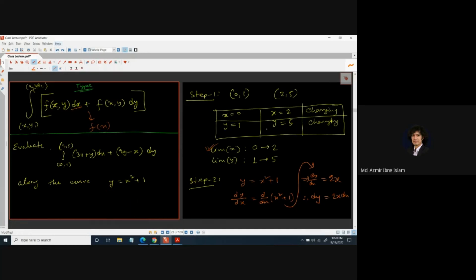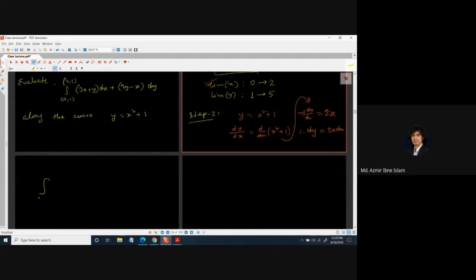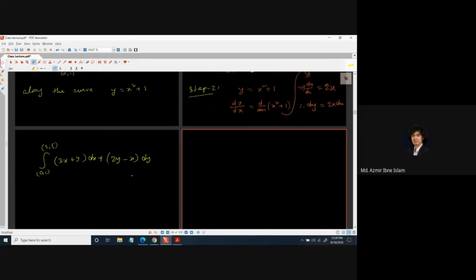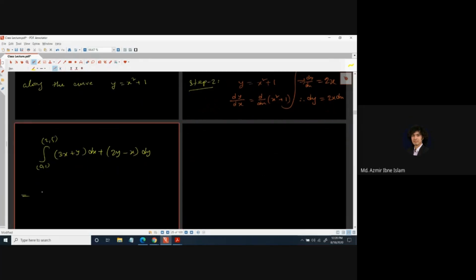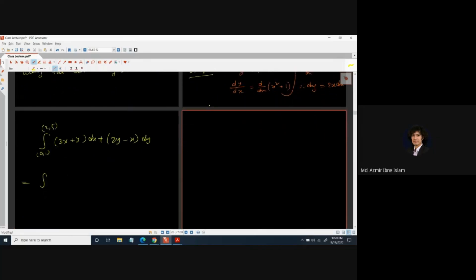Now we have the integral from (0, 1) to (2, 5) of (3x plus y) dx plus (2y negative x) dy. We have already figured out the limit: x equal to 0 to x equal to 2.